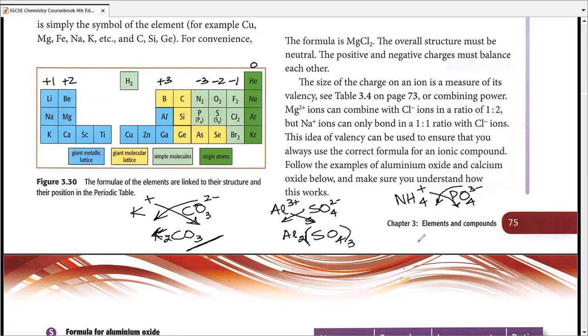It would be NH4 in brackets and 3 outside that, and then it would be PO4. This is (NH4)3PO4, which is ammonium phosphate.